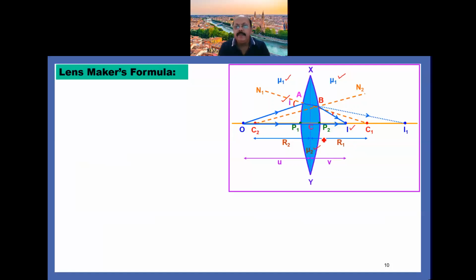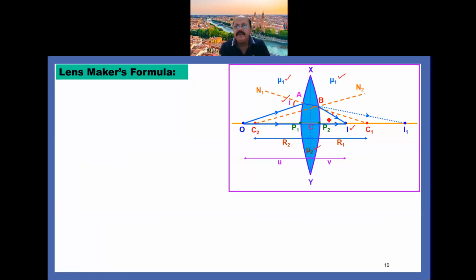Since the aperture of the lens is very small, we assume here that P1 is approximately equal to C and P2 is also approximately equal to C. So in this case, all distances we have to measure from the optical center of the lens.